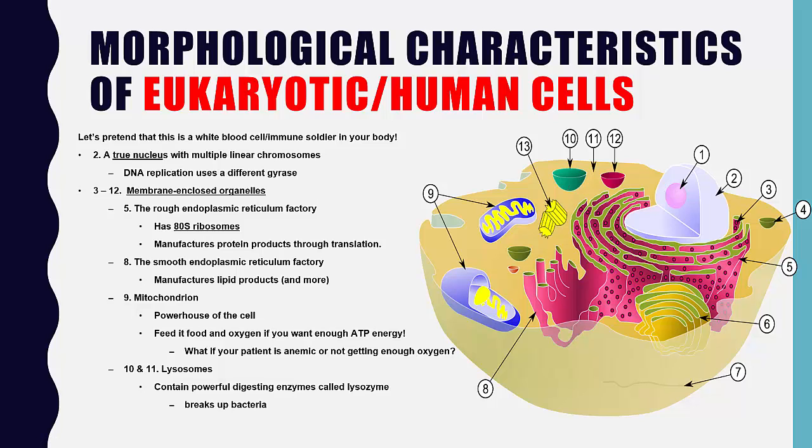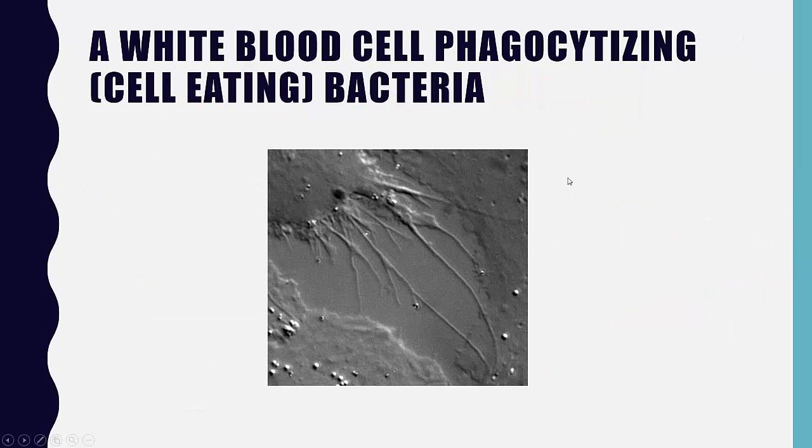So it's kind of nice. Our cells will excrete this out into saliva and tears. So if bacteria try to get into our mouth or our tears, it'll help to break them down. But lysozyme only really works on gram positives.